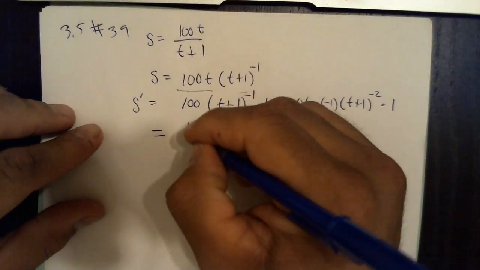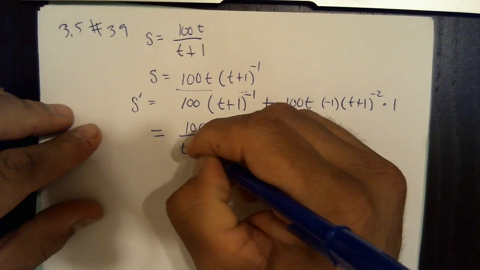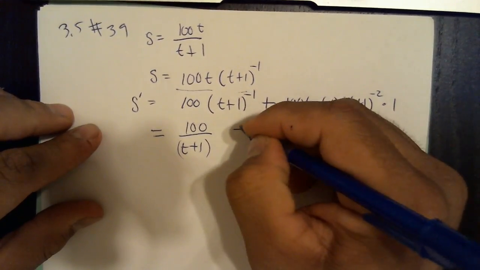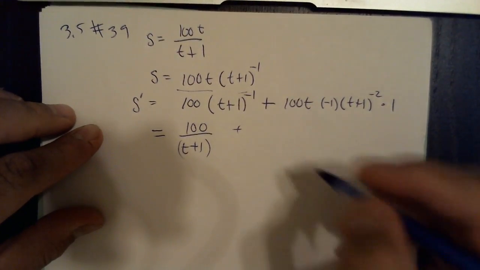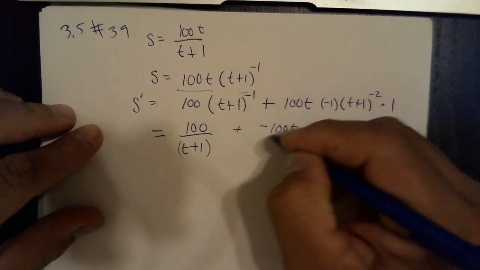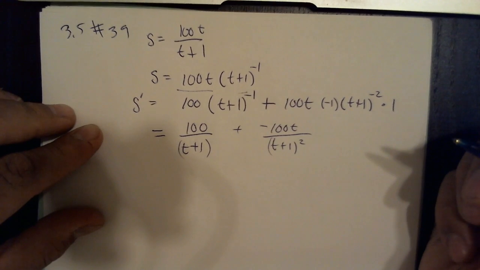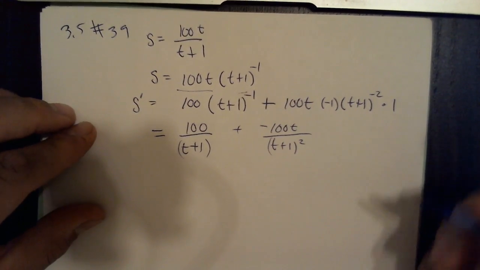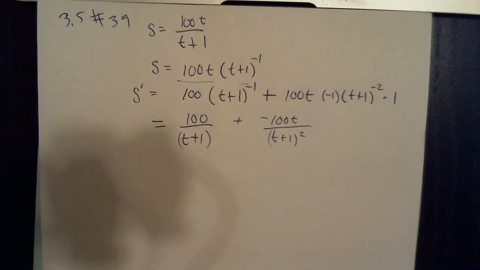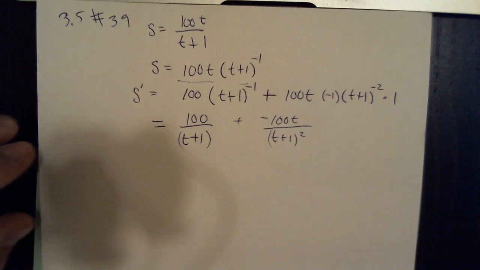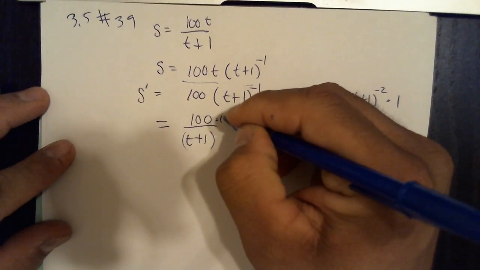Okay, so now this will be, all right, so it'll look like this. And then if we want to combine this, we can multiply this by t plus 1.